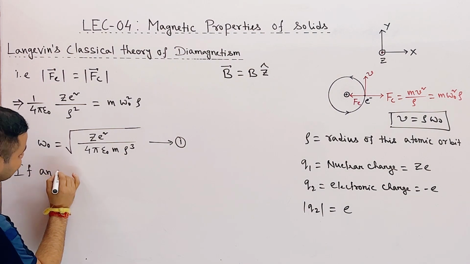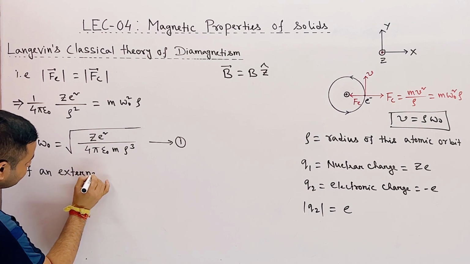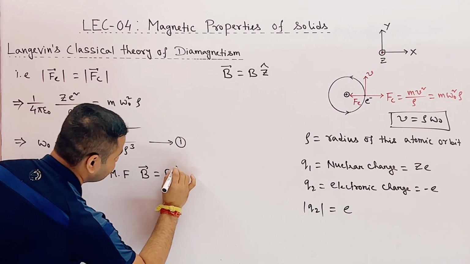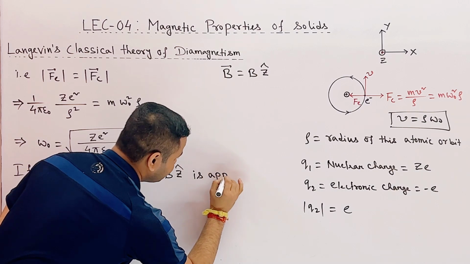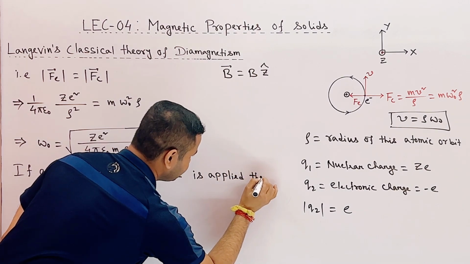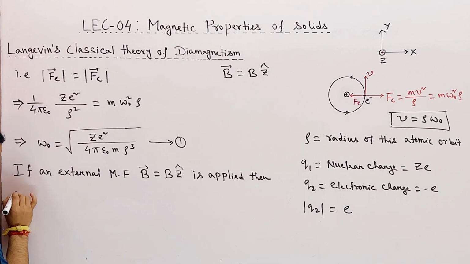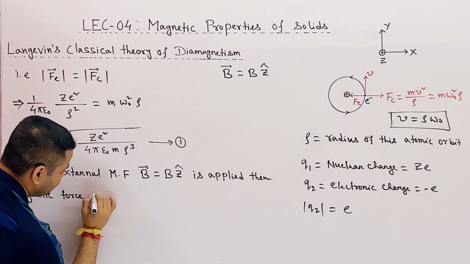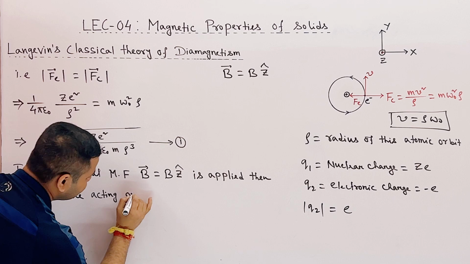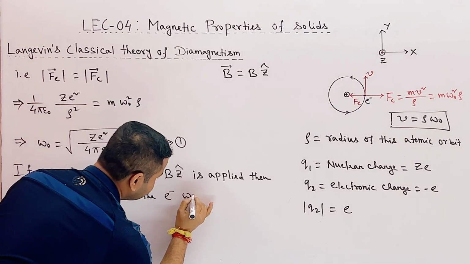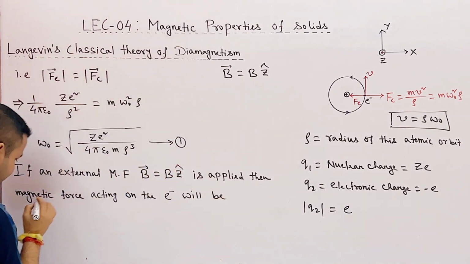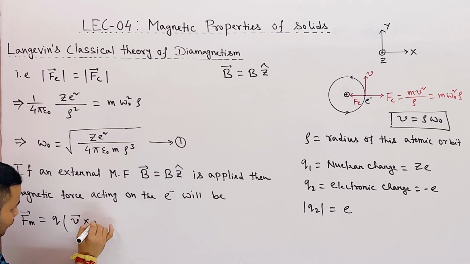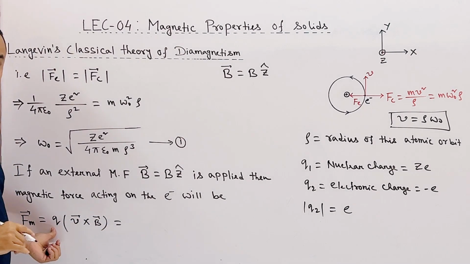If an external magnetic field is applied, then magnetic force acting on the electron will be Q into V cross B. We know that electronic charge is minus e.